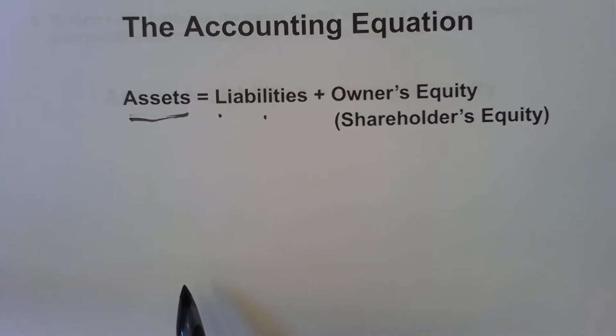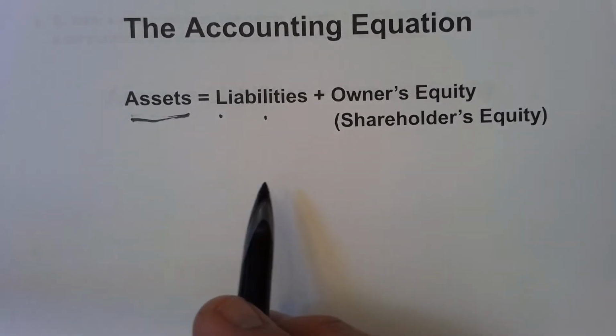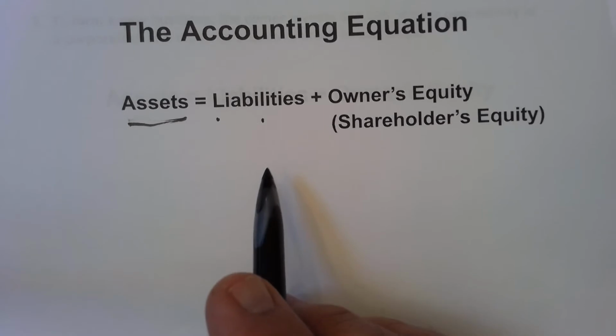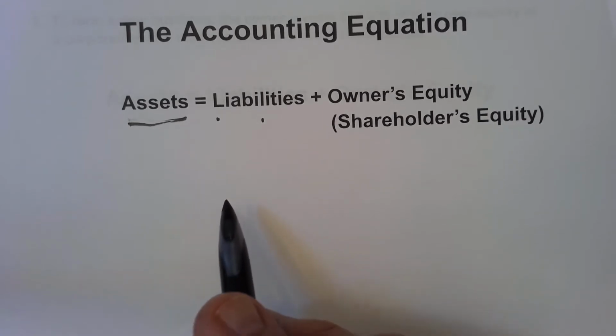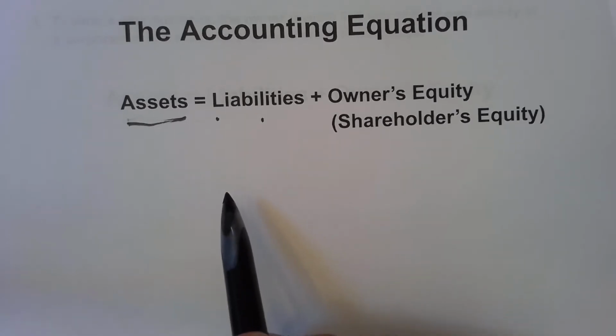In this video, we're going to build upon that knowledge and show you how the elements of the equation interact with each other. The best way to do that is with some examples. Make sure you stick around to the end of this video to see one that trips up a lot of people.